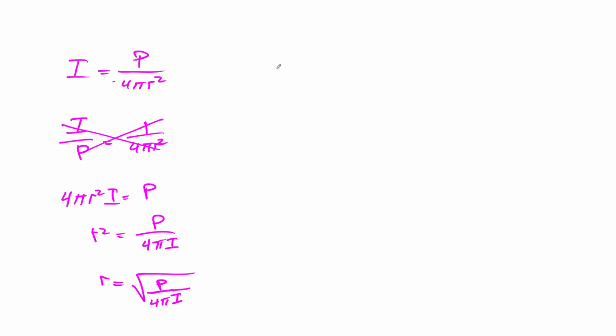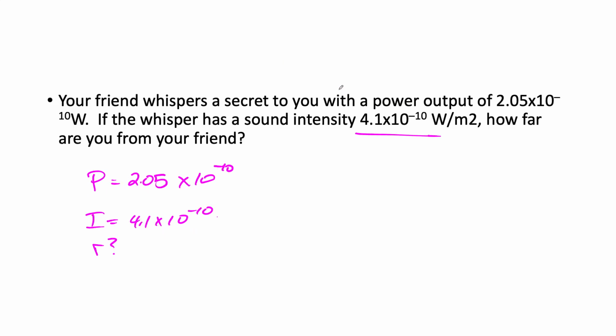So power is 2.05 times 10 to the minus 10, divided by 4 pi times intensity, 4.1 times 10 to the minus 10.